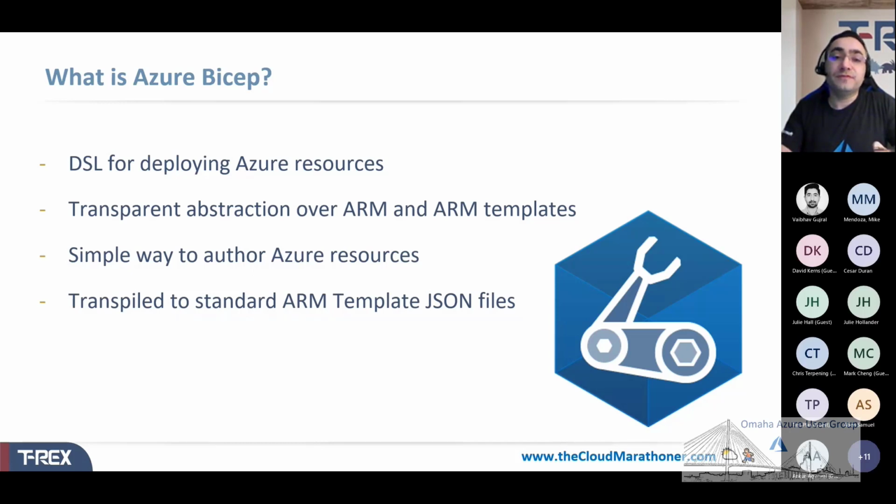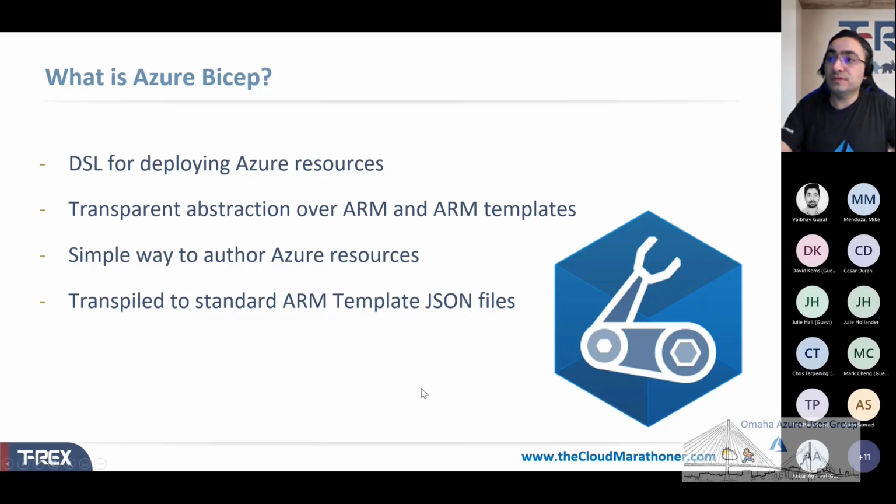What makes Bicep different from ARM templates is that it's a simpler way to create Azure resources like code. While ARM templates are the templating way to describe your Azure resources, in Bicep you will see that it's more like writing code and then compiling that into ARM templates, or just posting them to the Azure ARM layer so that it can provision and maintain your Azure resources.